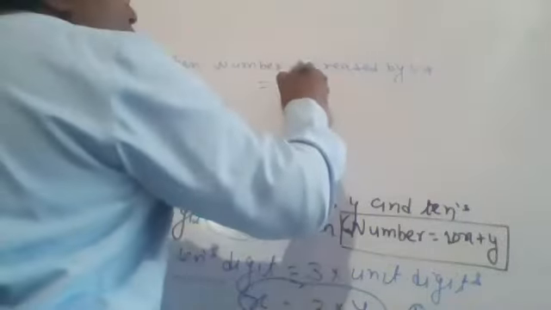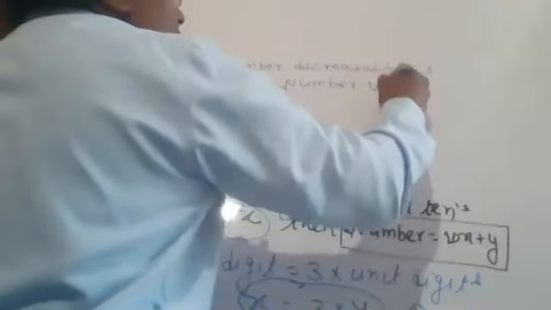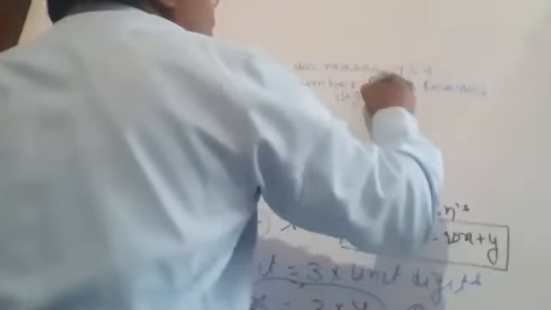Then this is equal to the number with reversed digits. Is that clear to all of you?